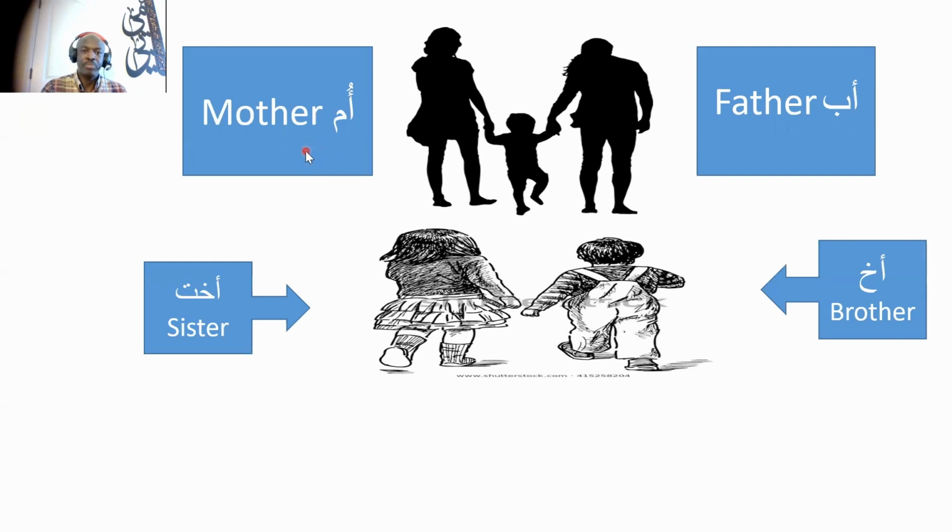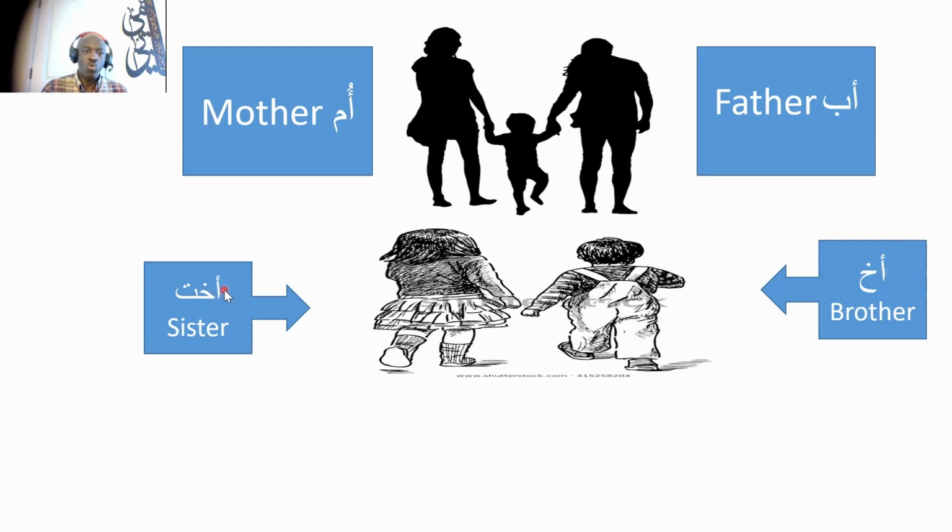And also here we have Akh, Alif, Kha. Alif has a fatha, we say A, not U, not E, but A. And then the letter Kha, Akh. Akh is brother. And on the other side here, we have Ukht. Alif has a Dhamma, that's why we say U. Here we say A because of the fatha, Akh.